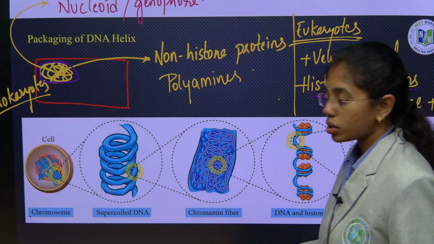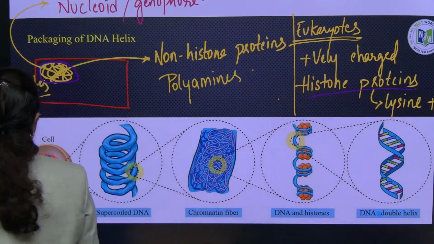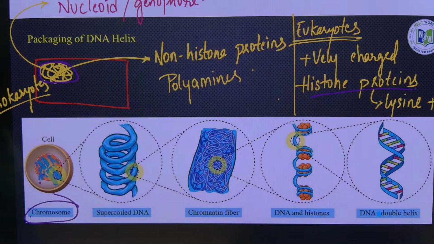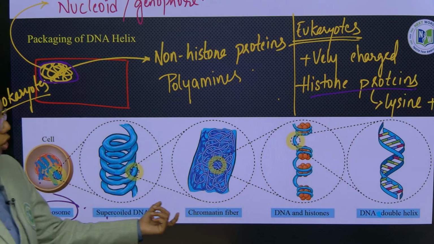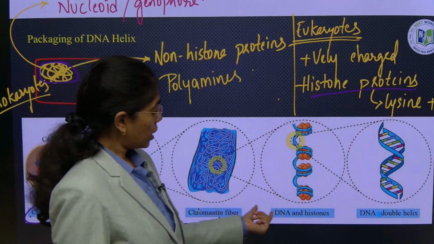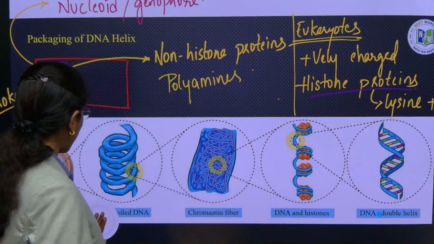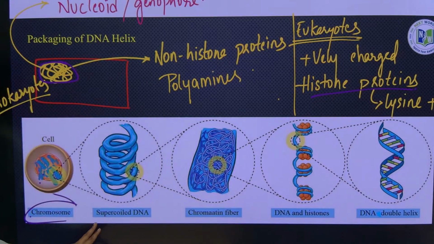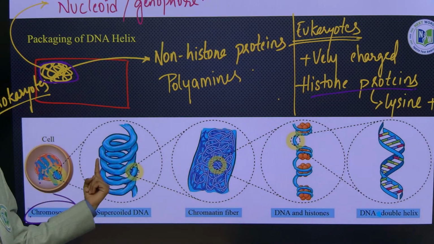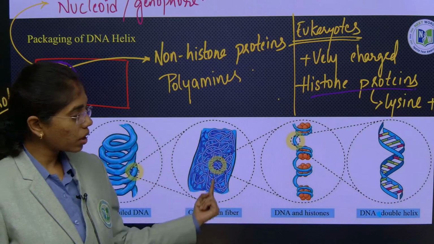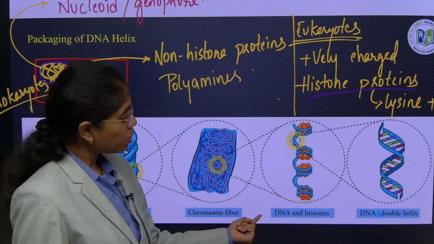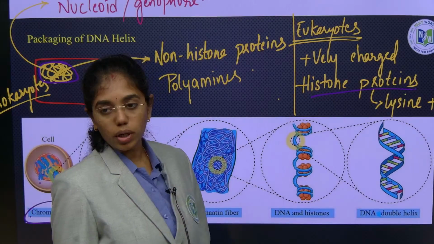Let us see how the chromosome is packed into a completely condensed structure. The first step of packaging is the supercoiled form of DNA, followed by the chromatin thread-like structure, and then comes DNA along with histone proteins.